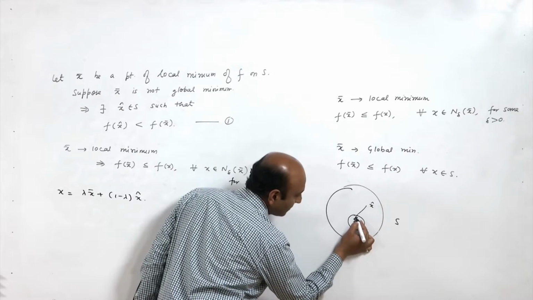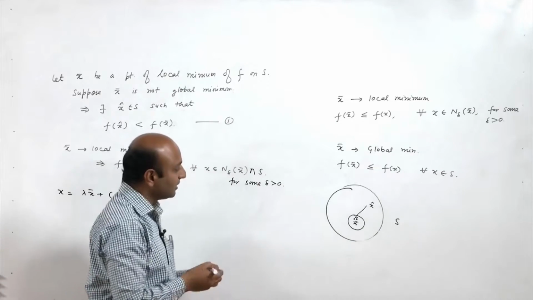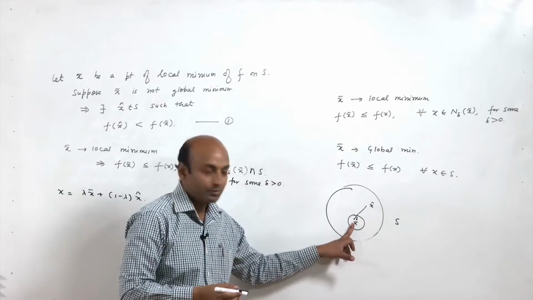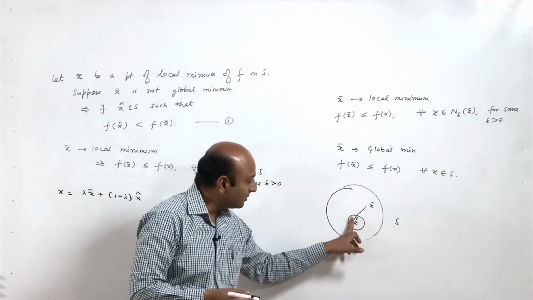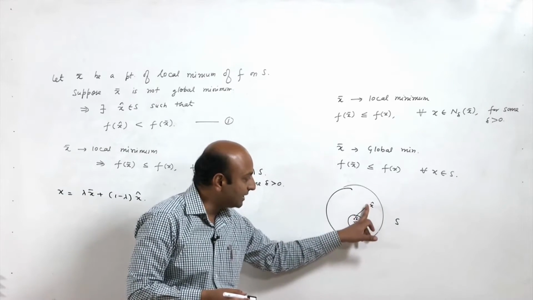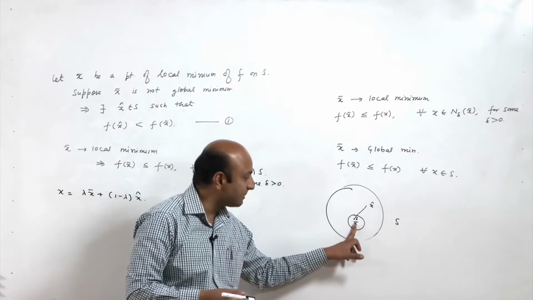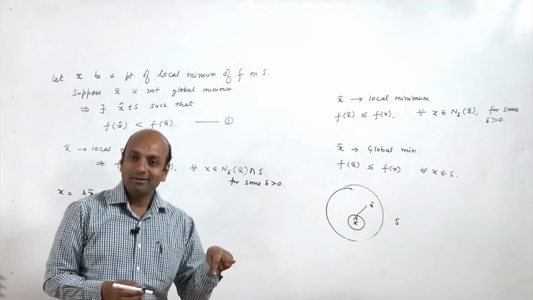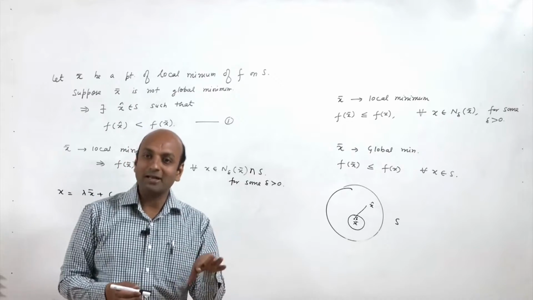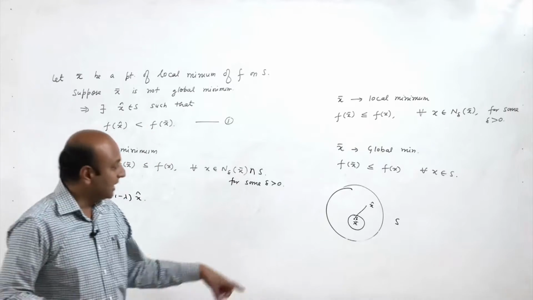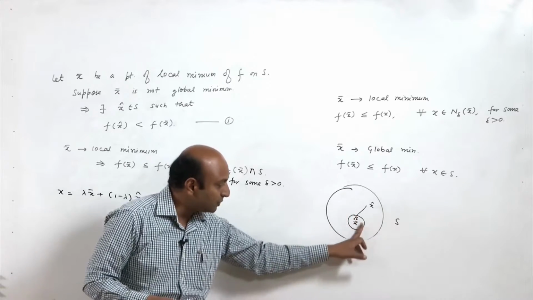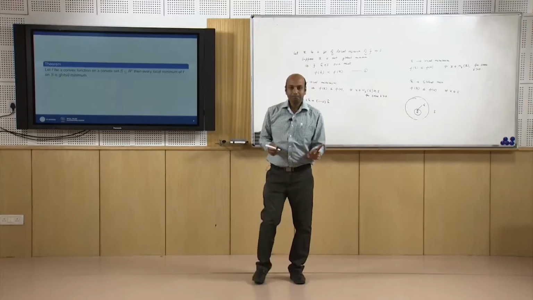So, there will always exist some x which is in delta neighborhood of x bar. You see, if you vary lambda, you will get different x, and all are in between x bar and x cap. So, there will be some lambda, no matter how small it may be, such that x will belong to delta neighborhood of x bar also.